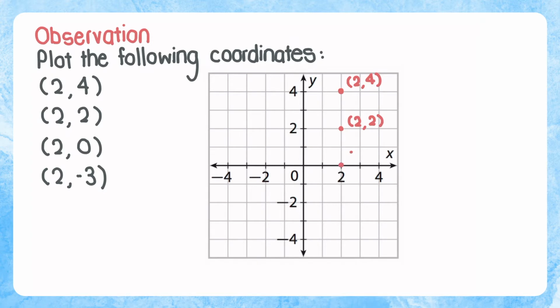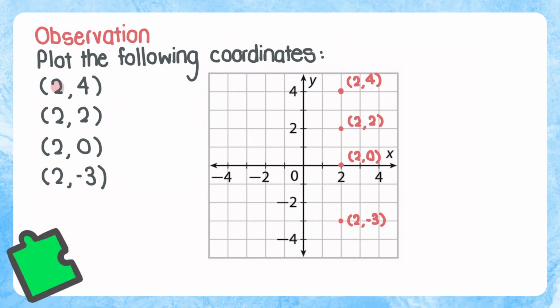And 2, 0 is right here. And lastly, we have 2, -3 right here. So we plotted the 4 coordinate points.